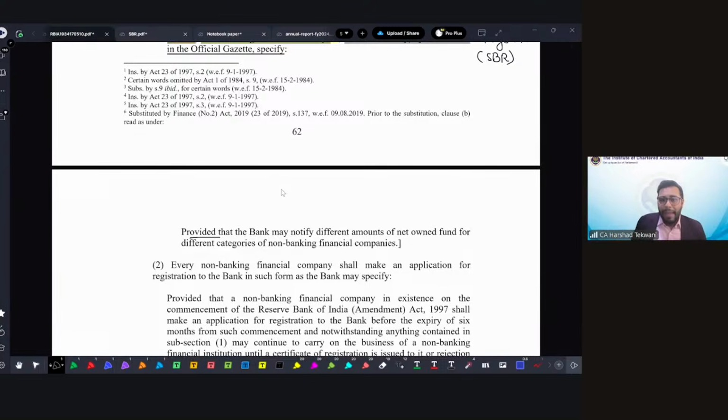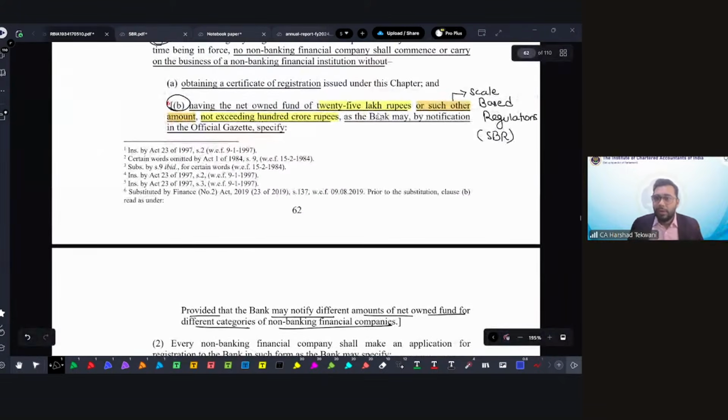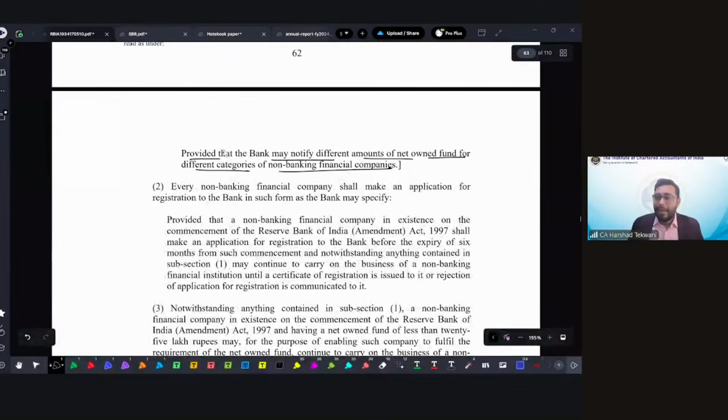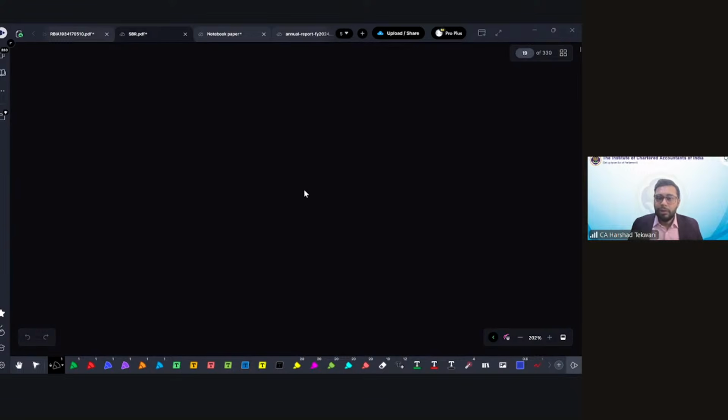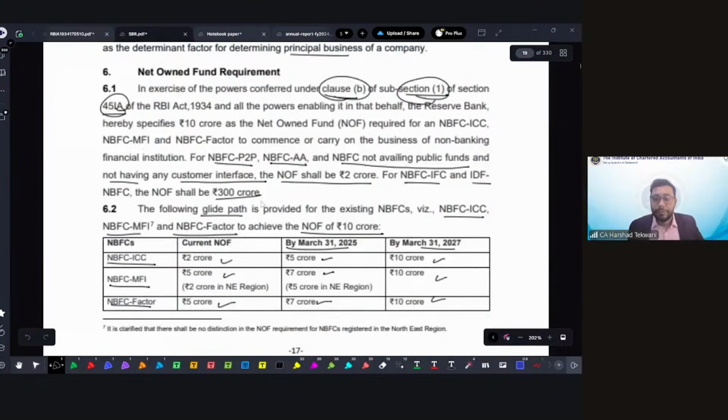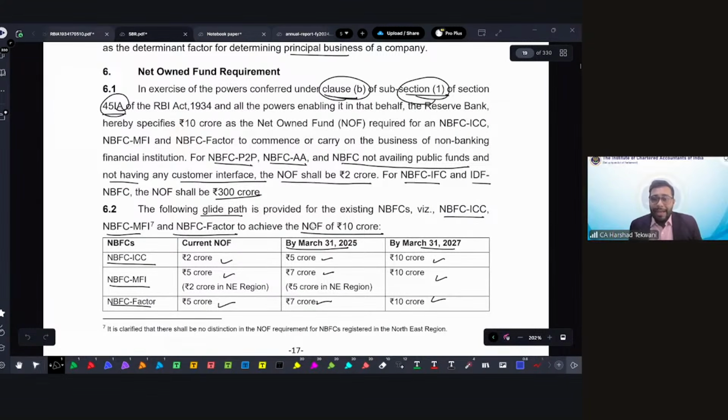Provided that the bank may notify different amounts of net own funds for different categories of NBFCs. This is the point where they can specify something different for a different category. This is general, like not exceeding 100 crores. But this provision overrides this 100 crores. So that's why you can see 300 crores also. Any doubt?